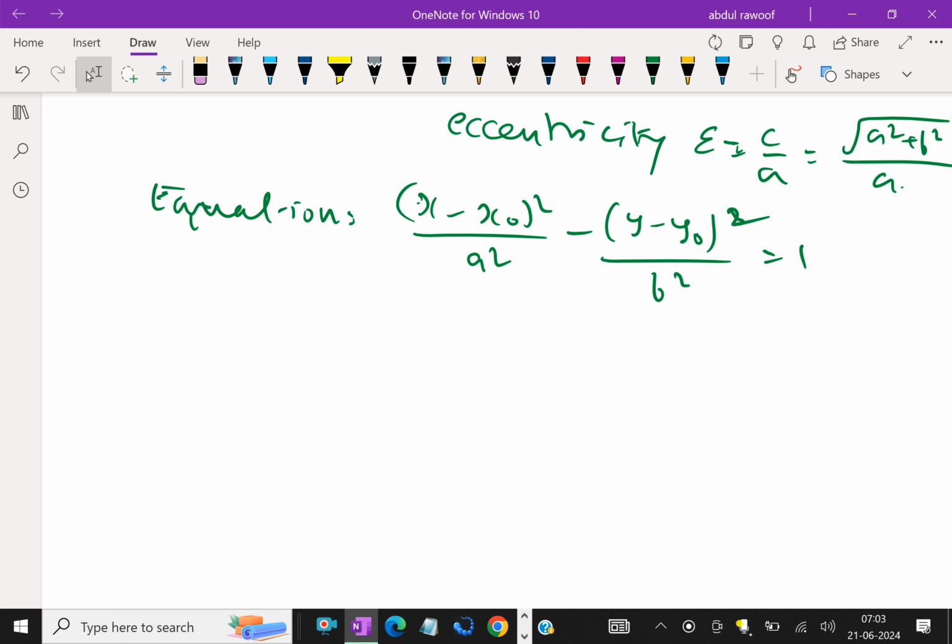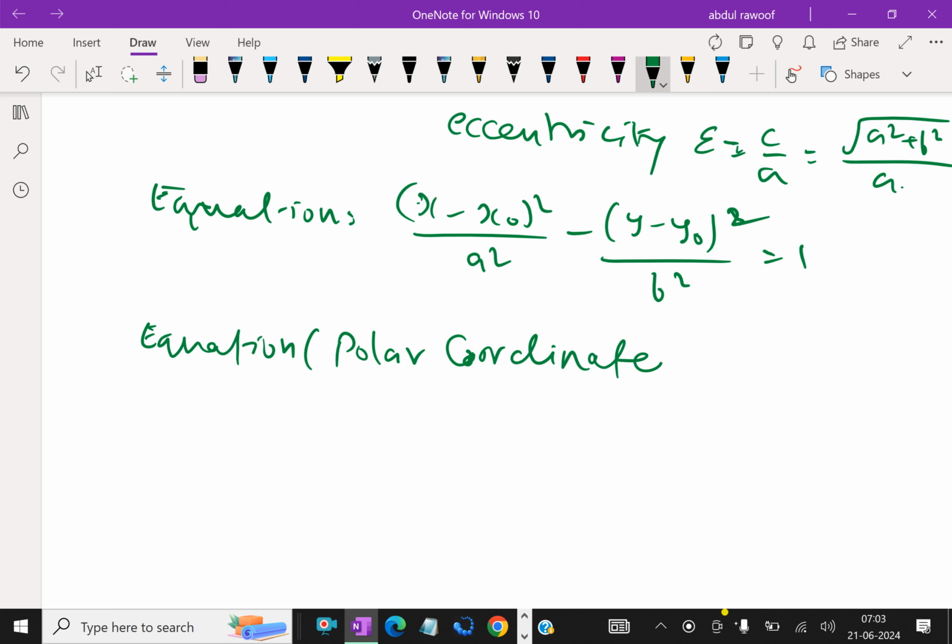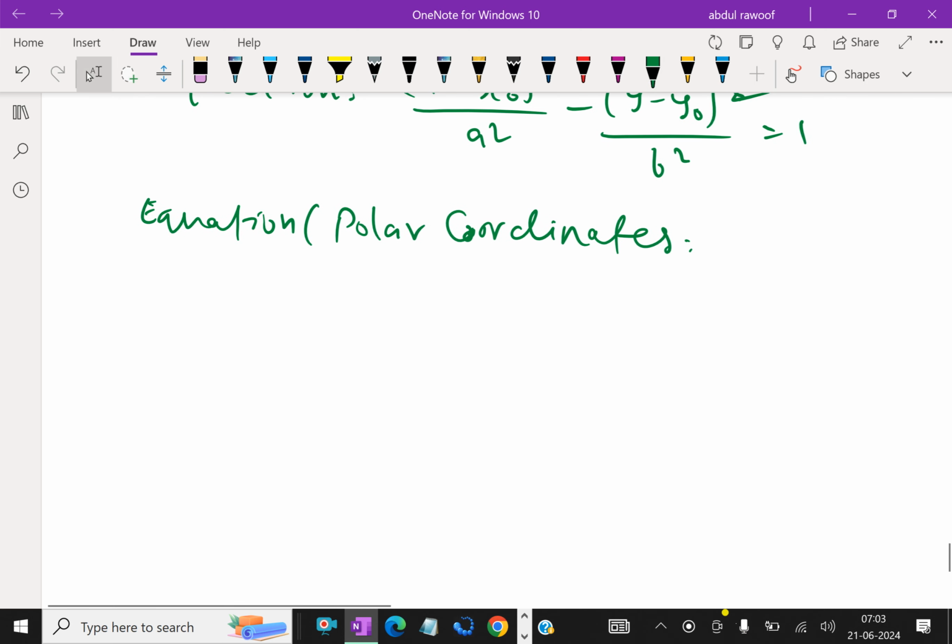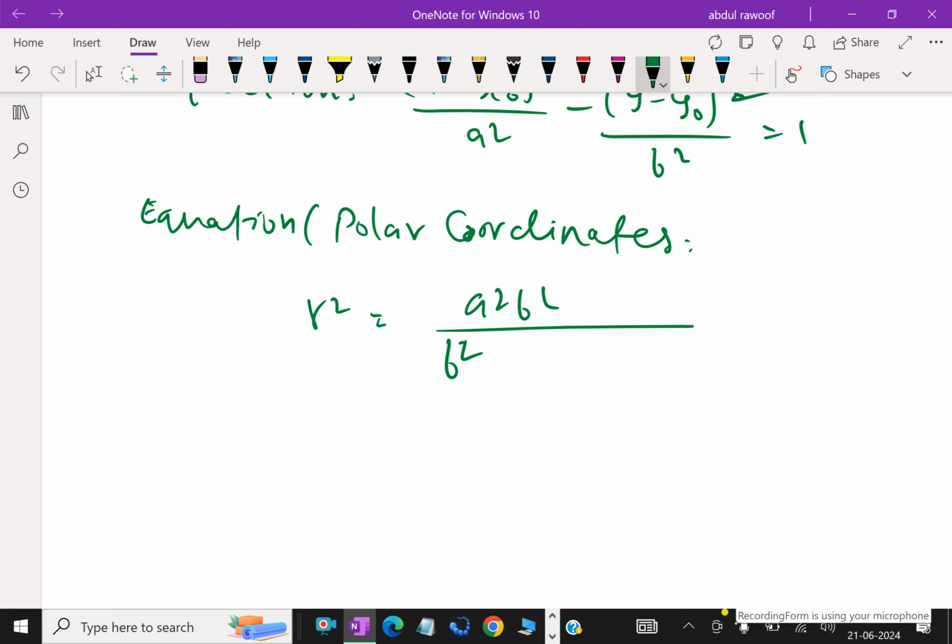The equation of the hyperbola in polar coordinates is r squared equals a squared b squared over (b squared cos squared theta minus a squared sin squared theta).